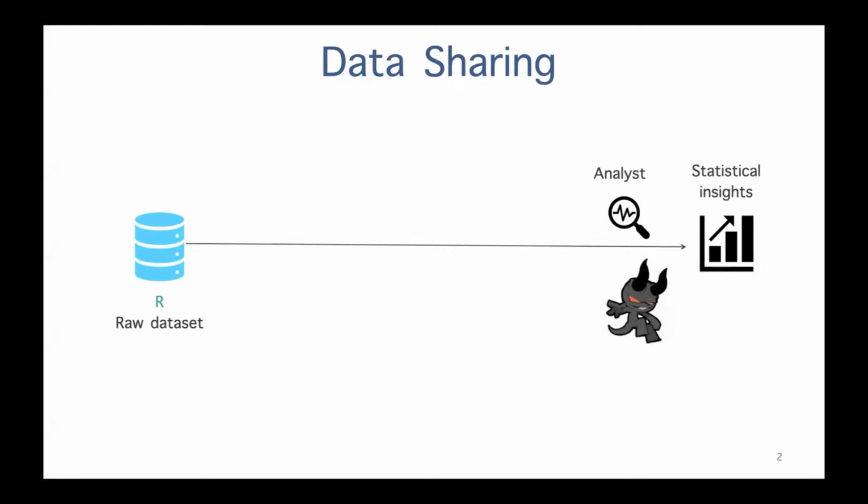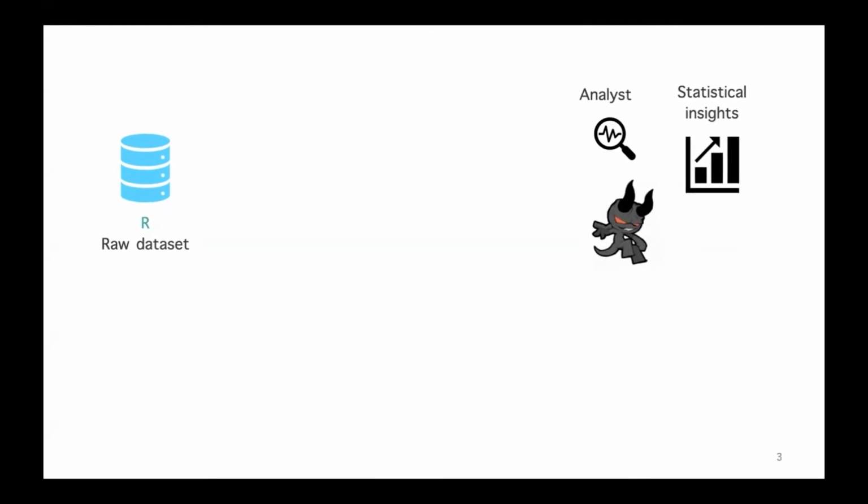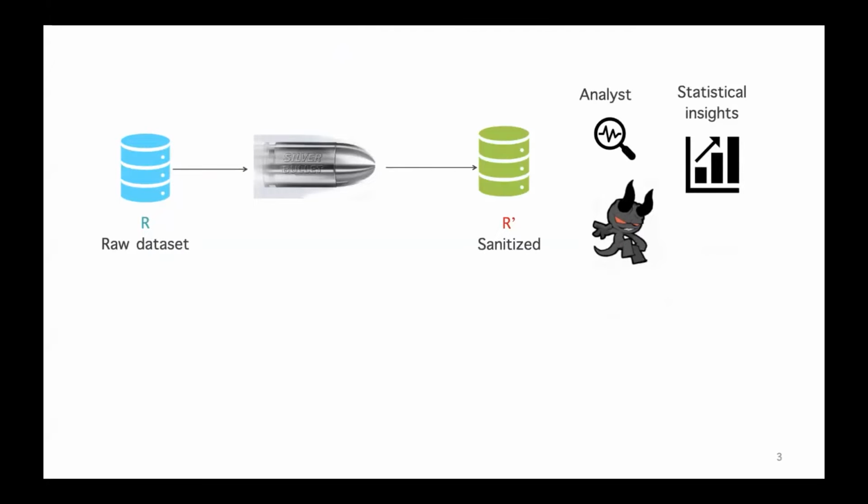Obviously, if you have access to raw data, then you can violate privacy, and there are a number of issues: confidentiality, data protection, and so on, right? So, like I said, the idea really would be to have a silver bullet that takes this data and creates a sanitized version of the data that preserves the statistical insights, but doesn't put the privacy of people in danger, right? And like I said, it's really a silver bullet that doesn't exist.